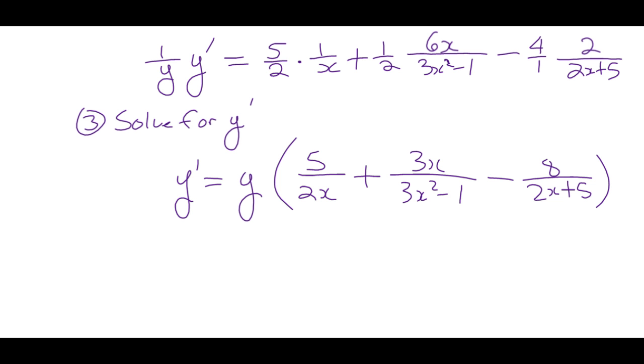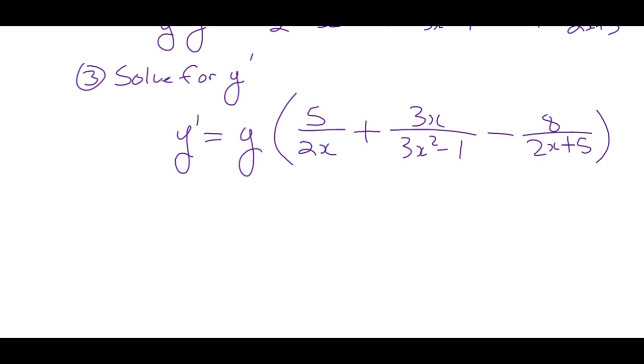But we don't want y in there, right? We want this in terms of x, but we know what y is. So we're just going to substitute. We know what y is. It's defined in the very first line, right? Y equals. So that's what we're going to throw in for here, right?